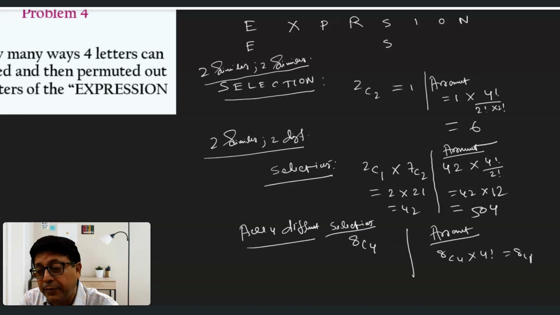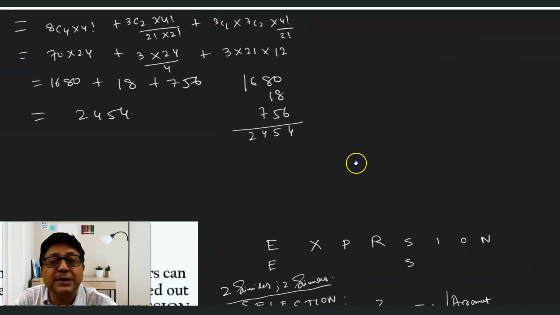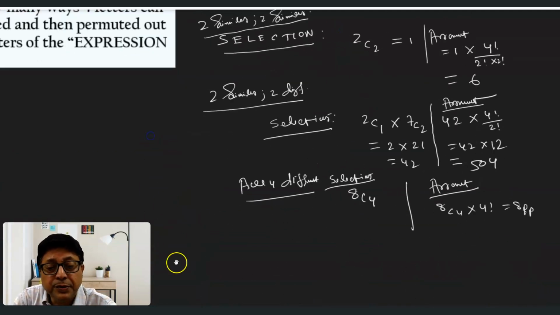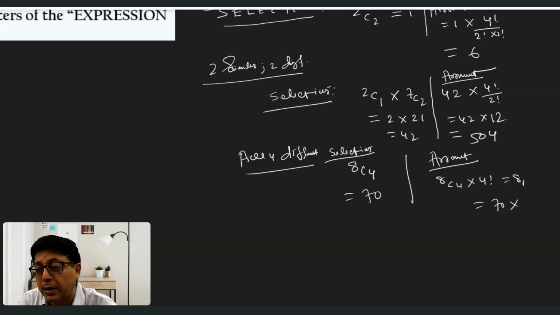So 8P4. And this we have calculated before. 8C4 result, we have seen that it is 70. We substitute there. This is 70 and this part is going to be 70 into 24, that is 1680.